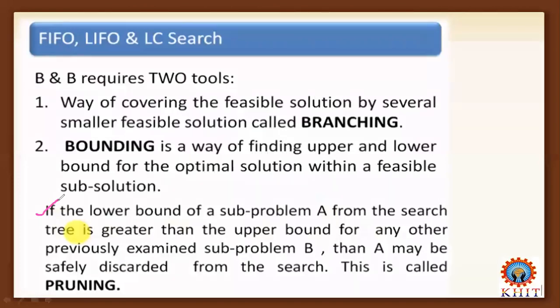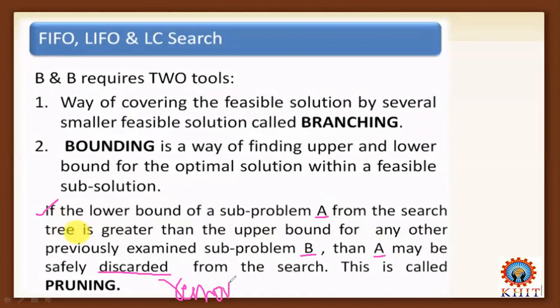Pruning means: if the lower bound of the subproblem is A, and it is greater than the upper bound of any other previously examined subproblem, say B, then in this case the subproblem A may be safely discarded. That means that A is safely removed.